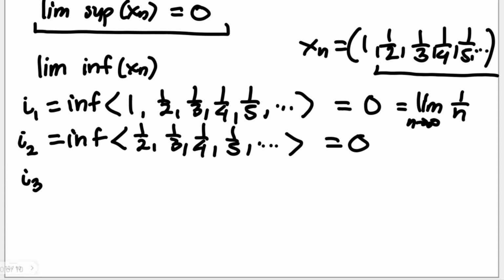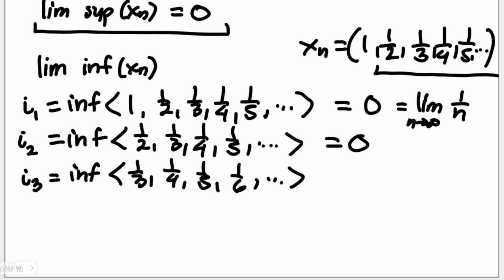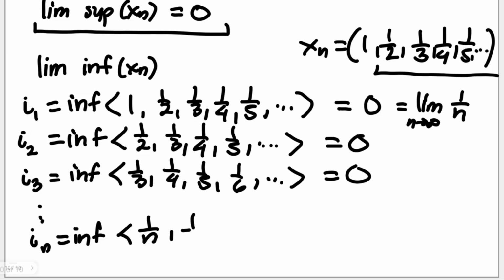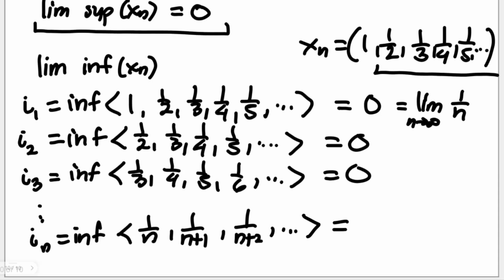If we have the third one, the infimum of that, starting with 1/3, 1/4, 1/5, 1/6, and so on and so forth, it's still 0. If we continue to the nth infimum, we have 1 over n, 1 over n plus 1, 1 over n plus 2, and so on and so forth. This is still 0.